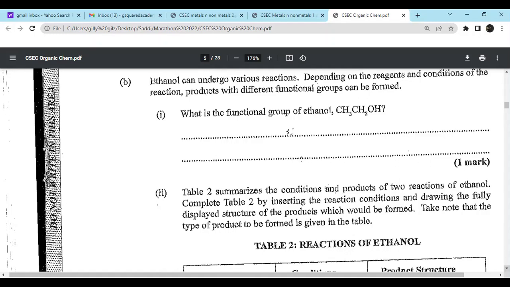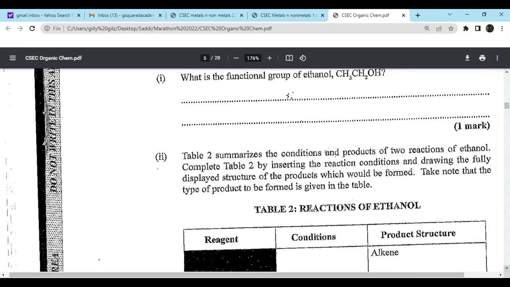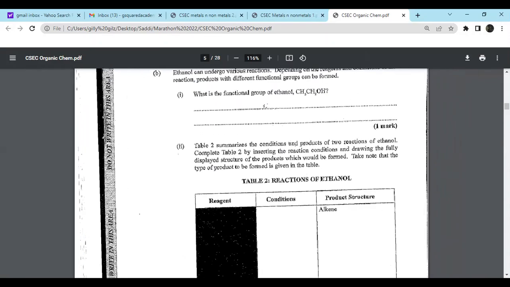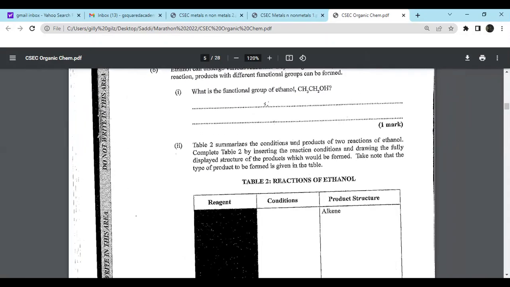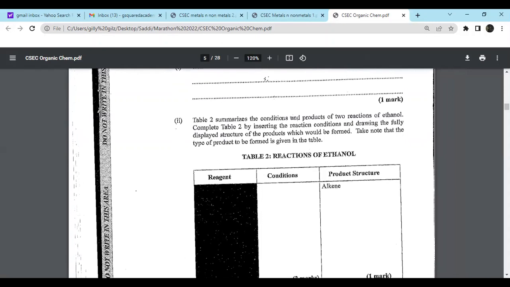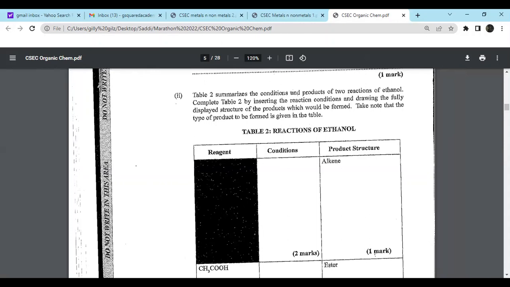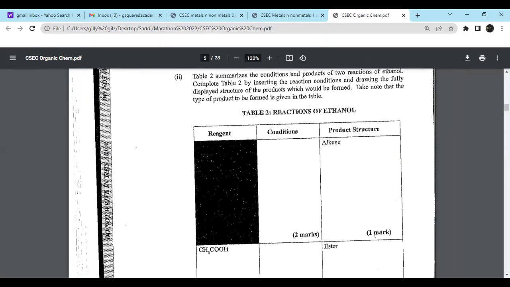So table 2 now. Table 2 summarizes the conditions and products of 2 reactions of ethanol. Complete table 2, inserting the reaction conditions and drawing the fully displayed structure of the products, which would be formed. Take note that the type of product to be formed is given in the table.